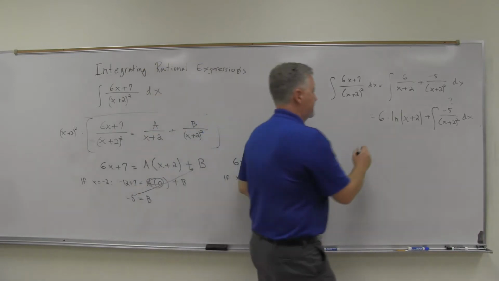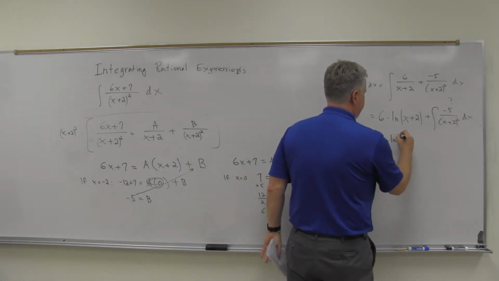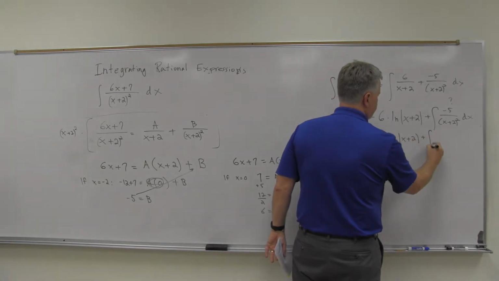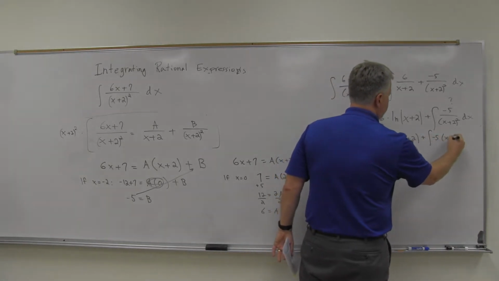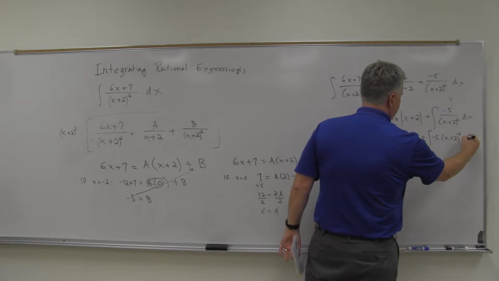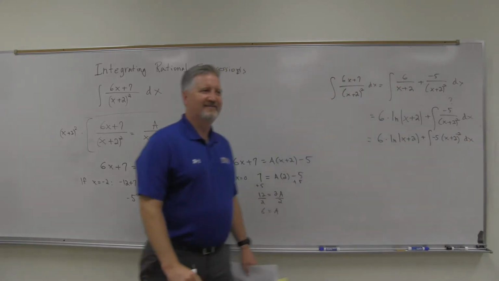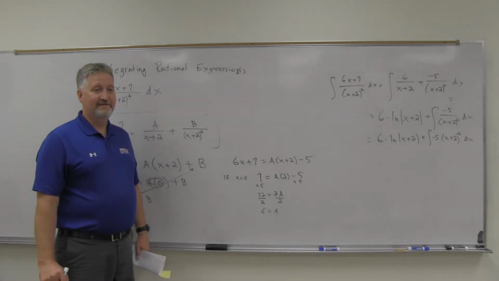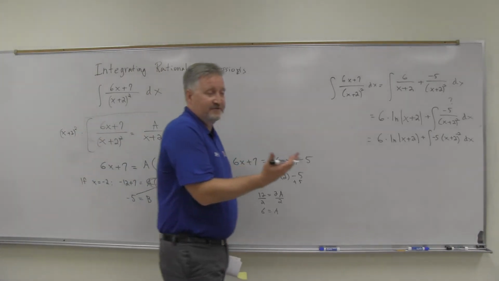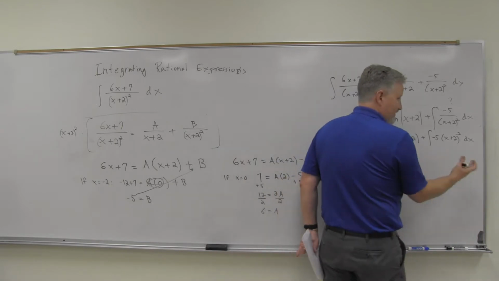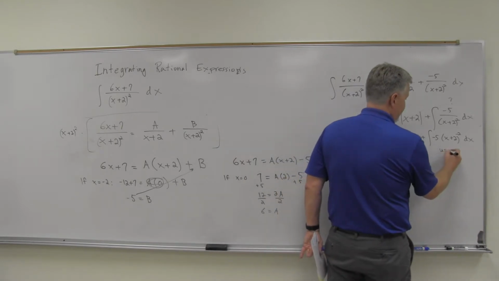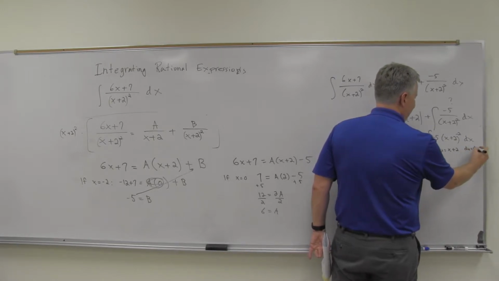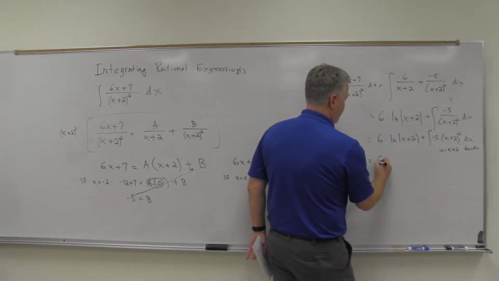All right, what if I wrote it this way? 6 ln of absolute value of x plus 2 plus the integral of negative 5 times x plus 2 to the negative 2 power dx. That's just going to be power rule with a little U-substitution again, but it's really a simple U-substitution because du is dx.